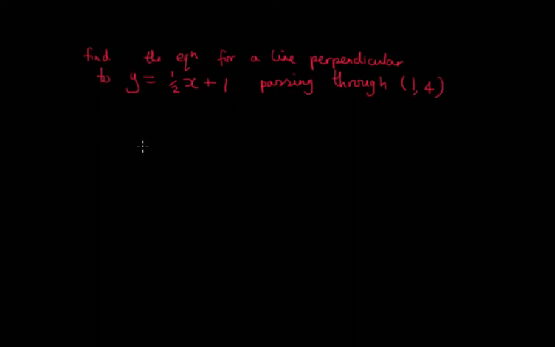So the gradient of y equals 1/2 x plus 1 is, we call it m1, and it equals 1/2. Now we know the perpendicular gradient, so m2 must equal -1 over m1.